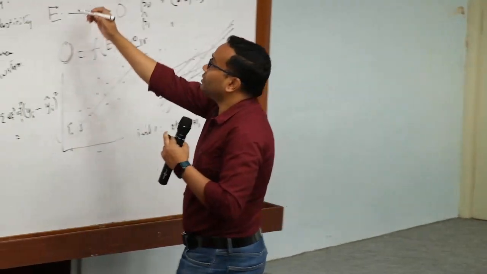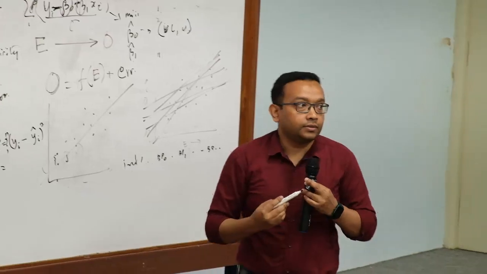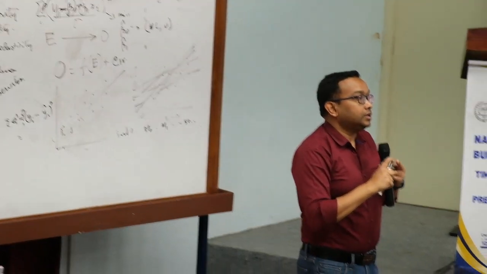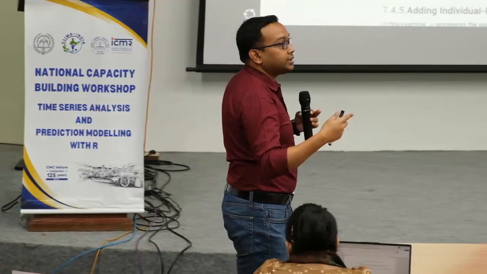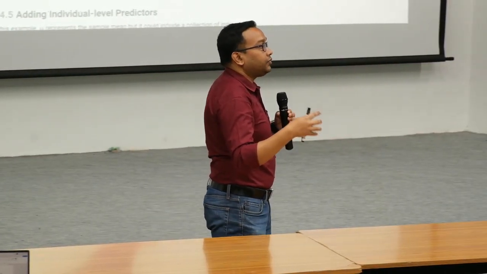Because it is, so I can do it like this. So that sigma is constant if you are making a homoscedasticity assumption. Every error variance is same. So the variance of e_i is sigma square.